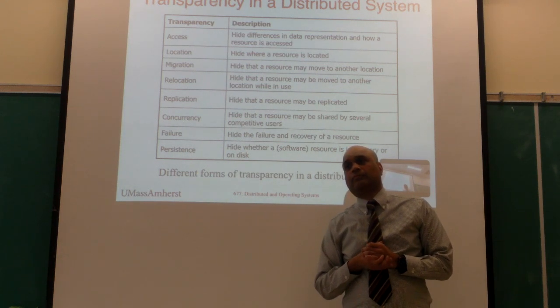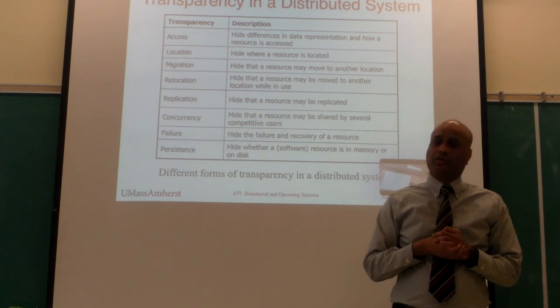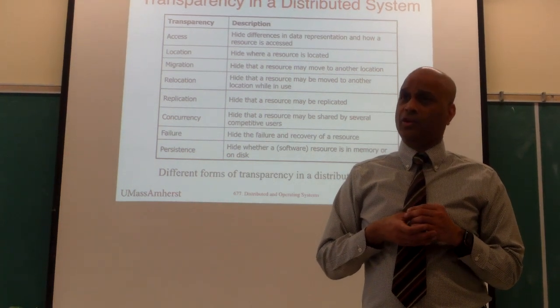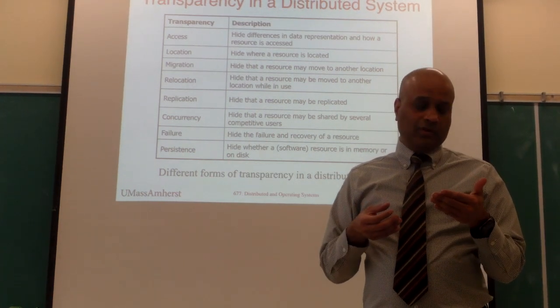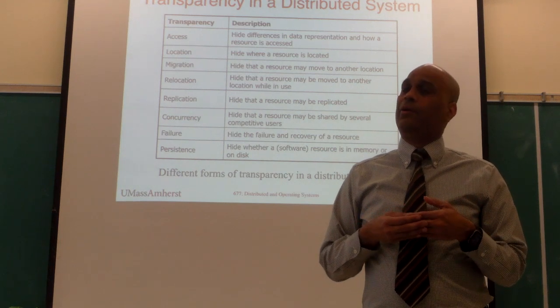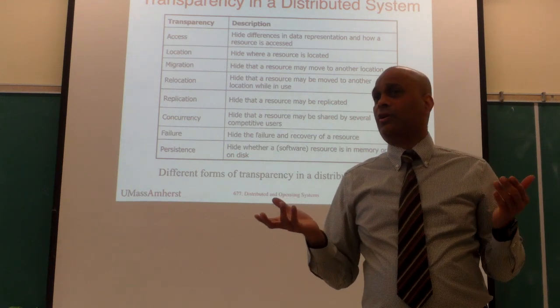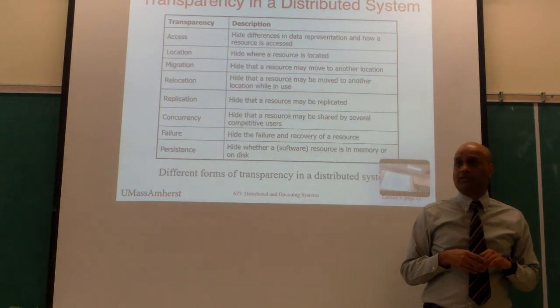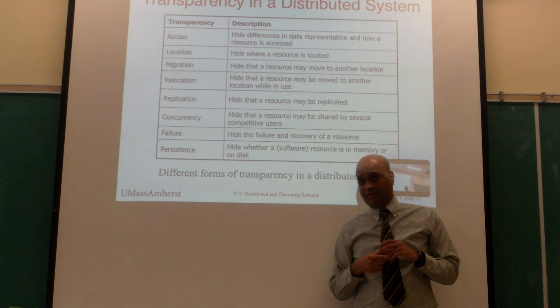If your question is that when you search for something on Google, the response tells you a little bit about how much time it took and some attributes of how the query was processed, is that replication transparent?